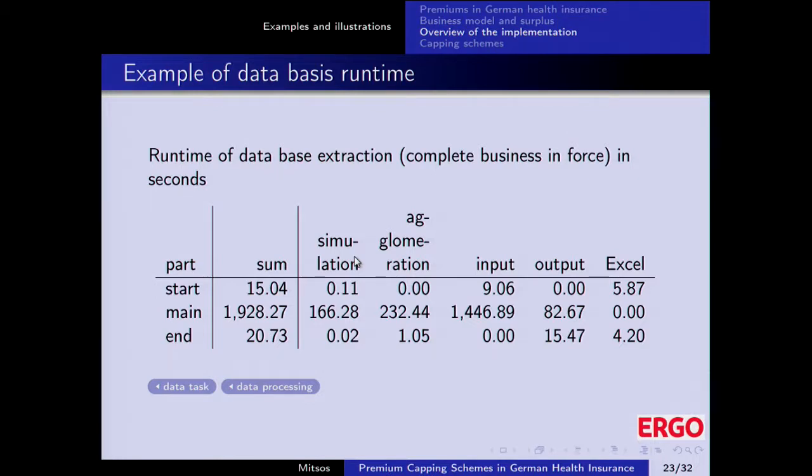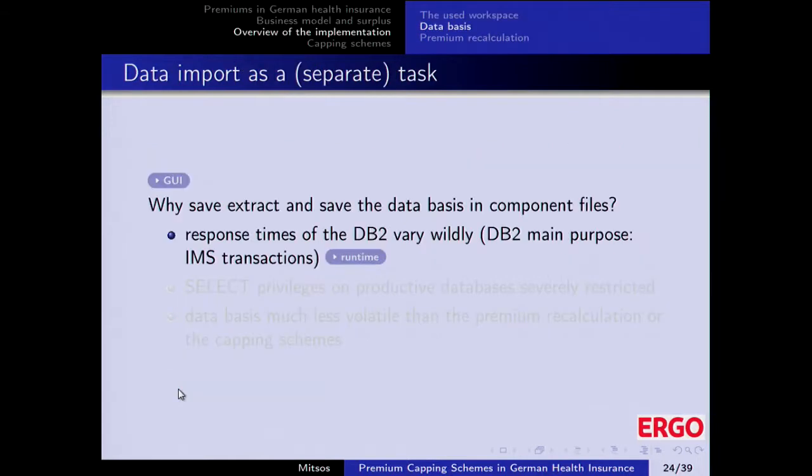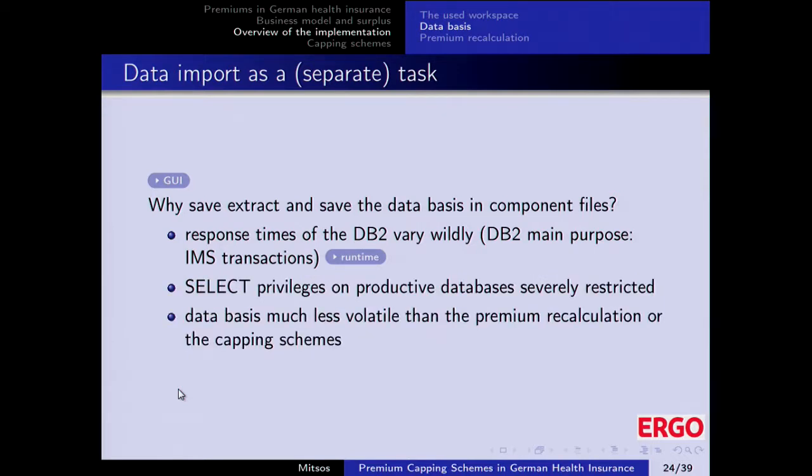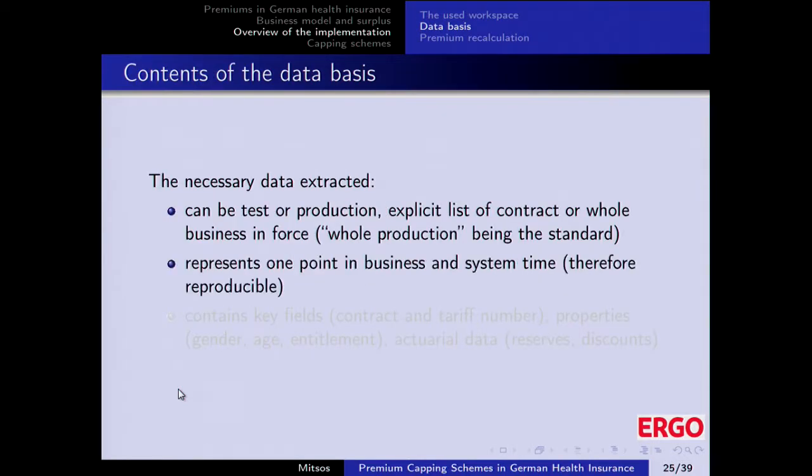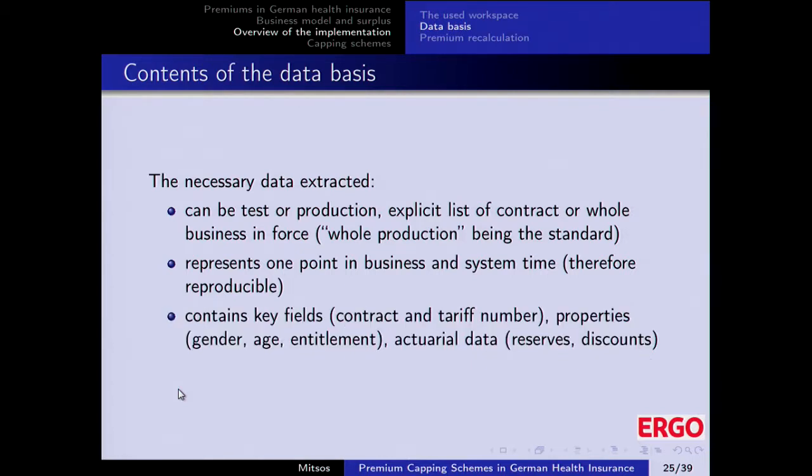And you can see here the runtime of this thing. The input from the DB2 is by far the dominating factor, and it may vary widely depending on how much work is done on the database. That's why it's a good idea to have it as a separate task.